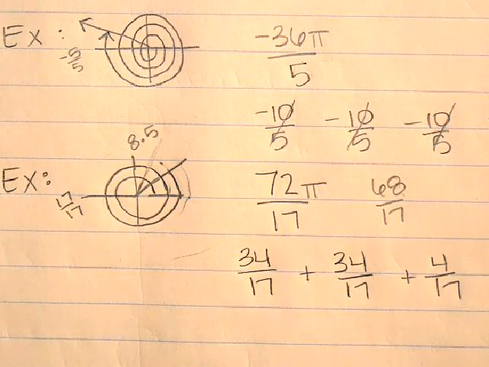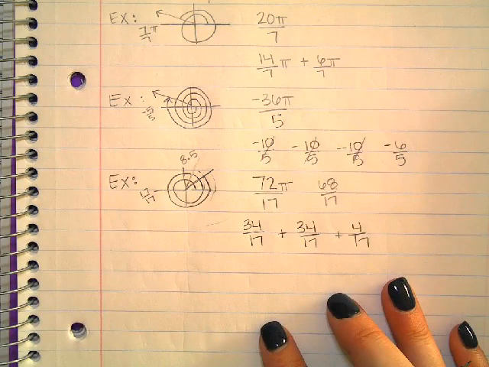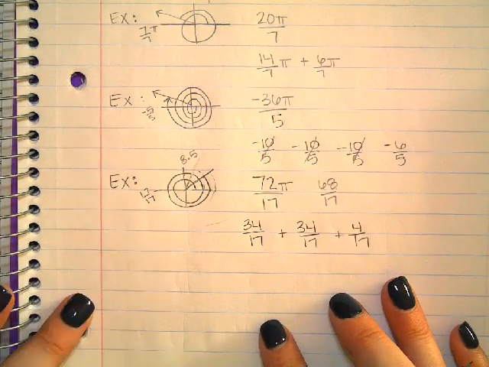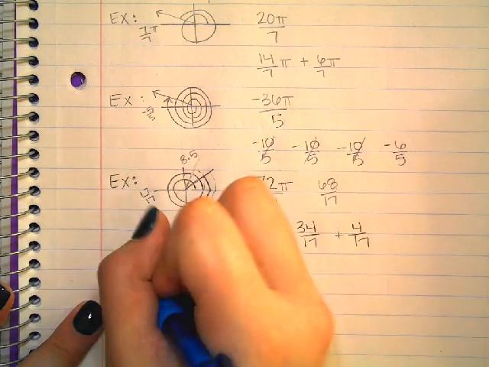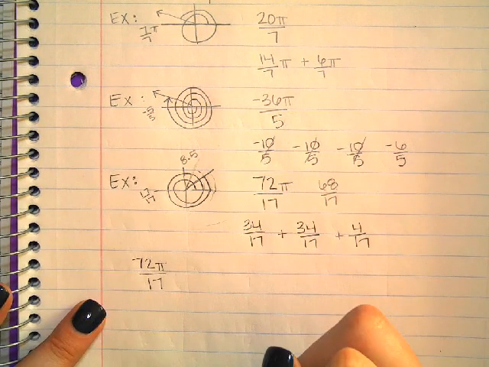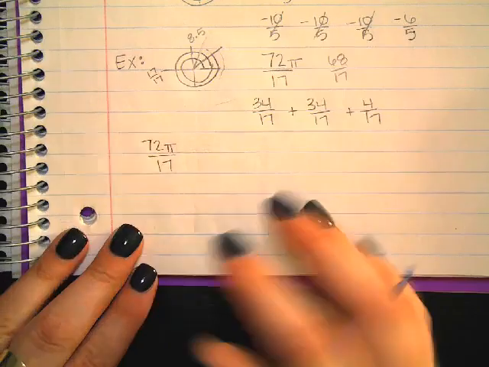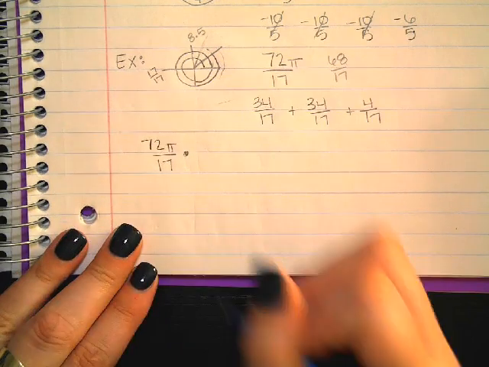Before I set you guys off to work completely on your own, I want to make sure we can convert these. So let's take 72/17 pi and convert it into degrees. How do I convert it into degrees? You multiply it by 180 over pi.